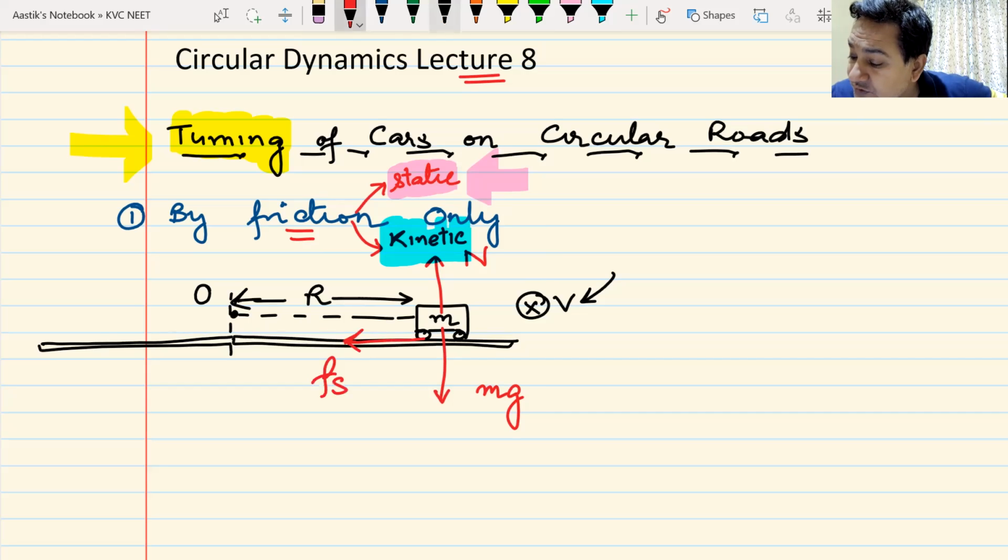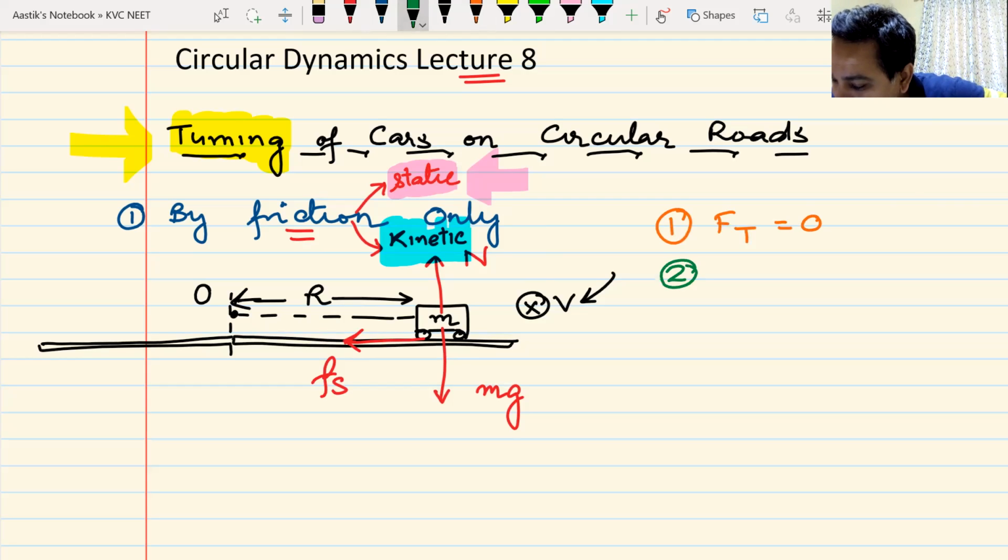Now, if I make the equation, my first equation will be in the tangential direction, and I'm assuming that this is moving with a uniform velocity, so there is no tangential force. So my first equation does not give me anything. That takes me to the second equation. My second equation is FC.